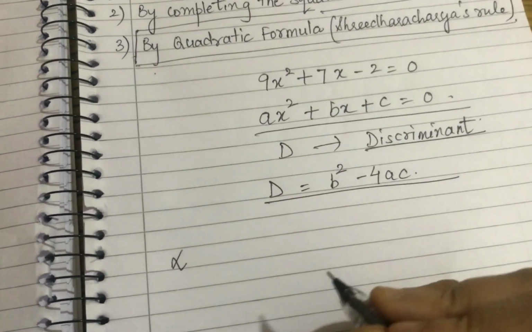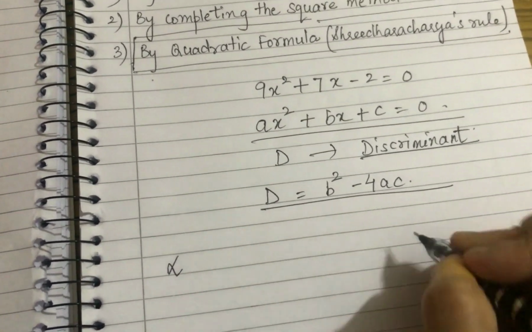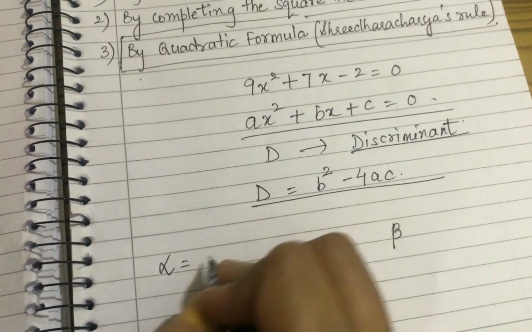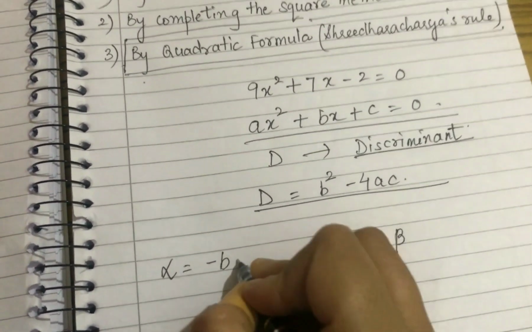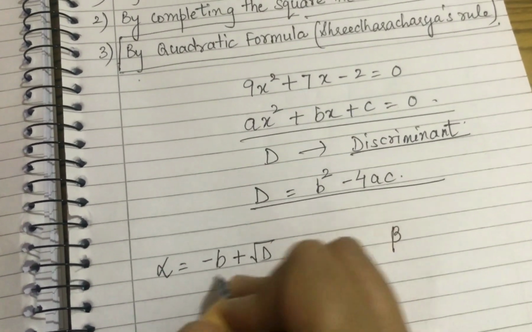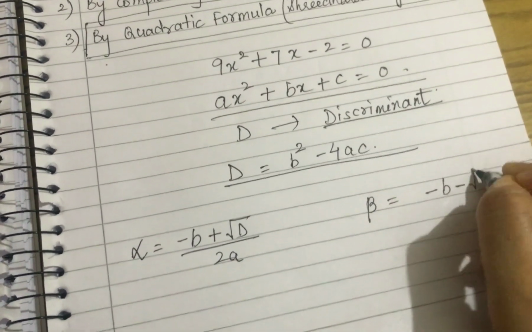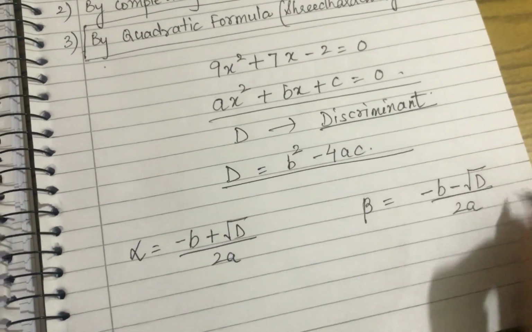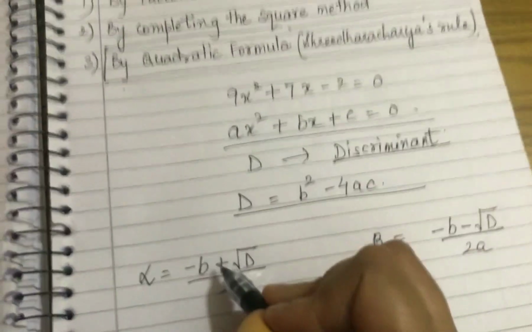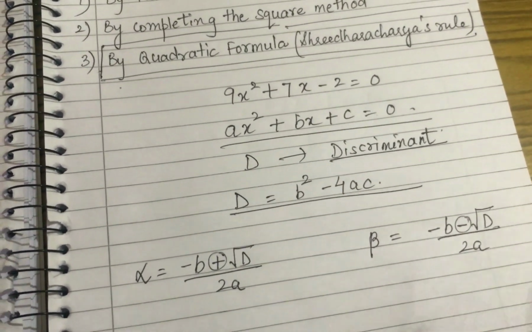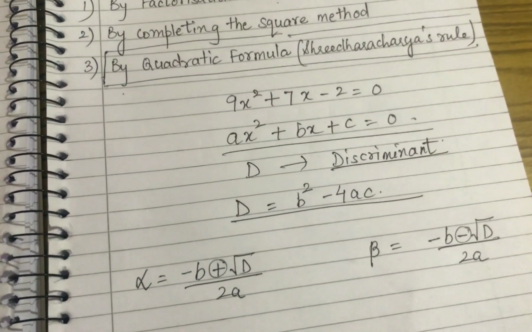So first root is alpha and second root is beta. Alpha will be calculated as minus b plus square root D upon 2a, and beta's value is minus b minus root D upon 2a. You can see both the values are same except this sign. You just have to change this sign to find alpha and beta.